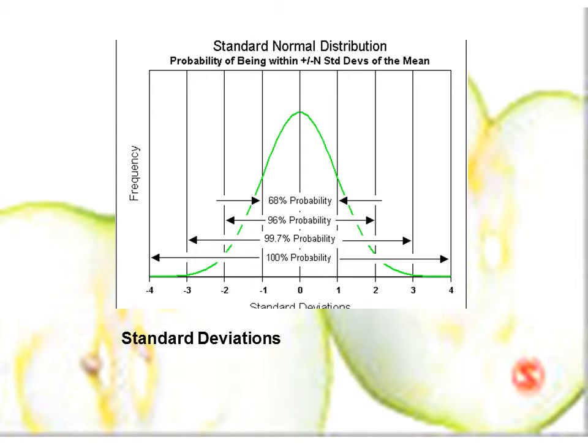Now, on the reverse, if it isn't a strong normal distribution and the standard deviations are way out there, it would be flat. That bell shape would not be high like that, because there wouldn't be a lot of our data centered around that 0, our mean. It would just be out there.